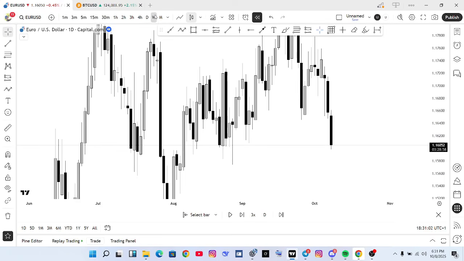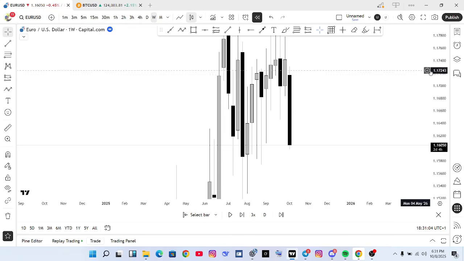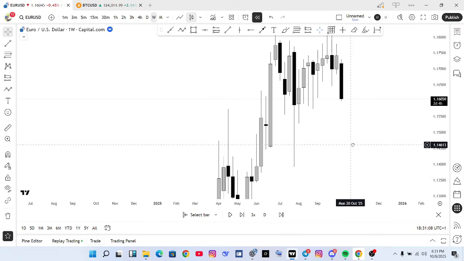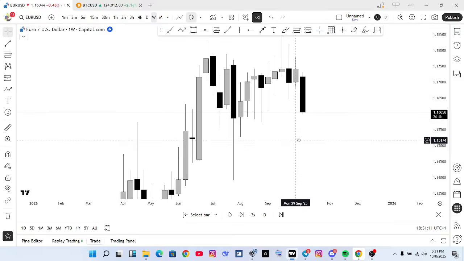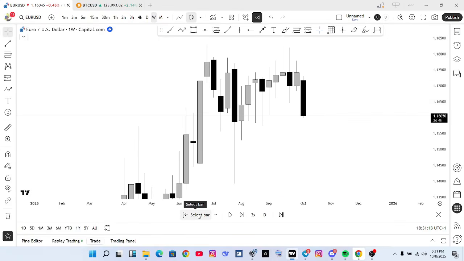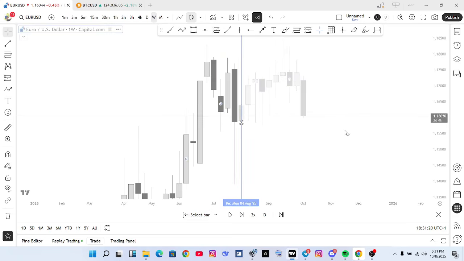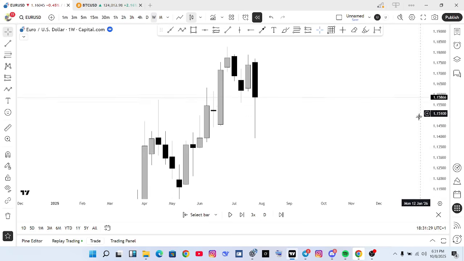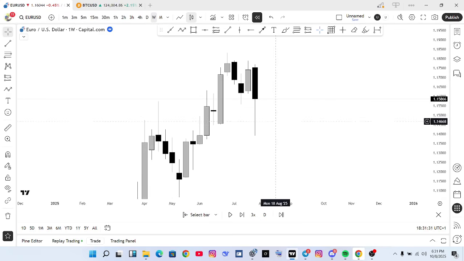I think let's start from the weekly time frame today. Let me cut from this place. This is July 2025. Now we are on a weekly time frame. You open your chart like this, this is what you find.